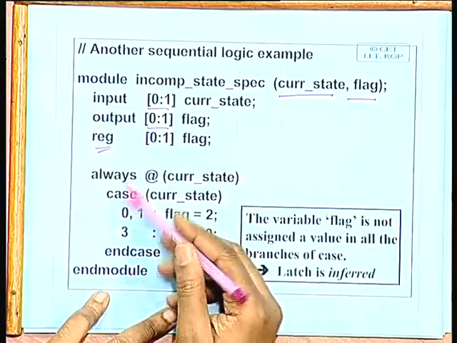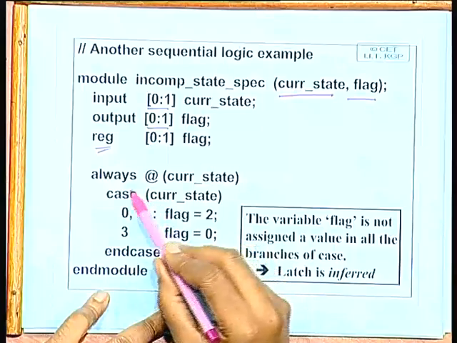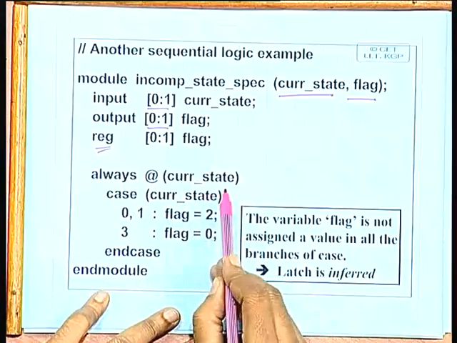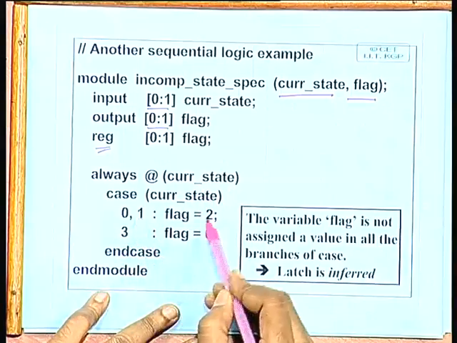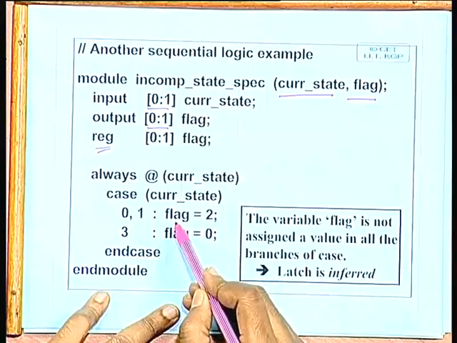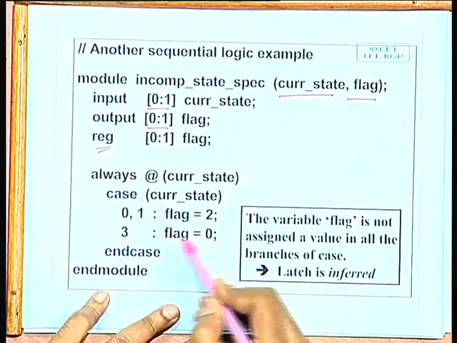Now, you have an always block. This always block checks the current state. If the current state is 0 or 1, you assign some value 2 to flag. If it is 3, you assign 0 to flag.